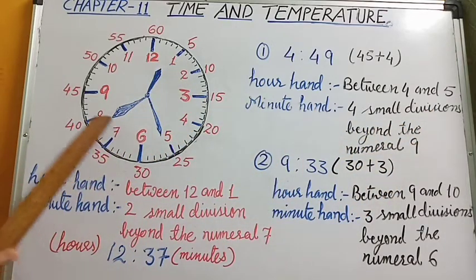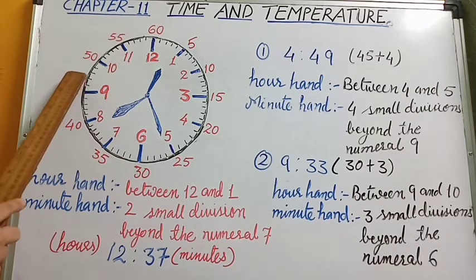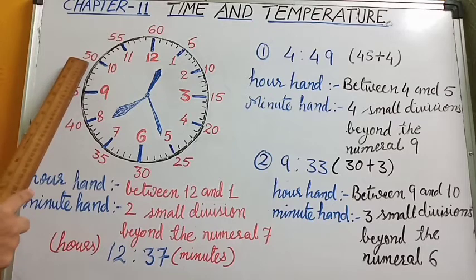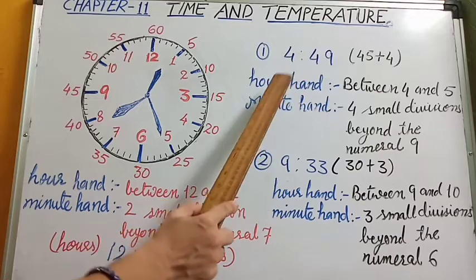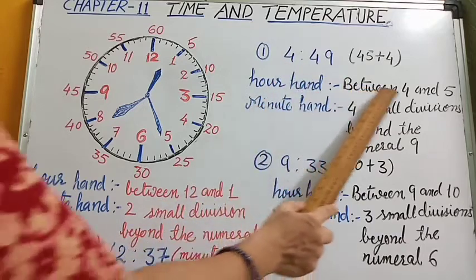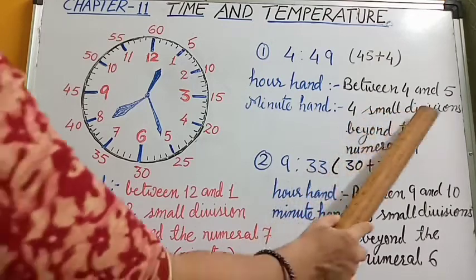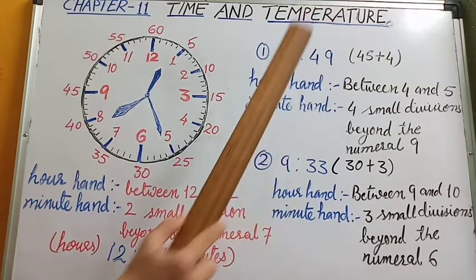When the minute hand is on 9, it is 45, and 4 small divisions means 46, 47, 48 and 49. So in this way, when the hour hand is between 4 and 5, and the minute hand is 4 small divisions beyond the numeral 9, the time will be 4:49.